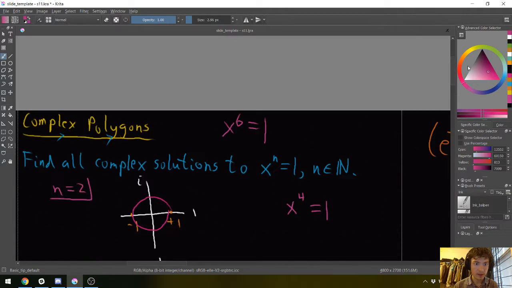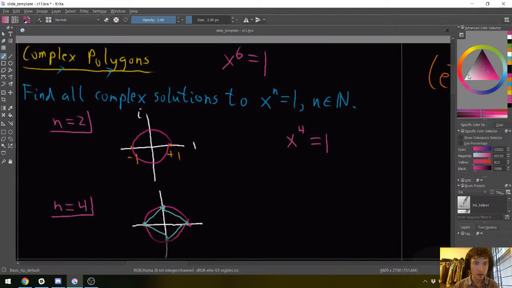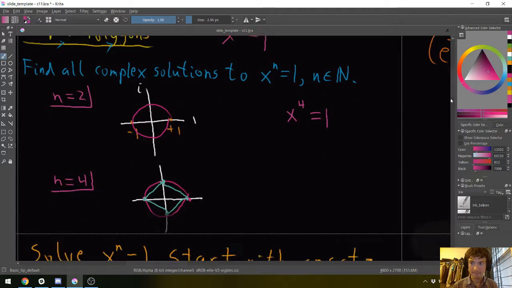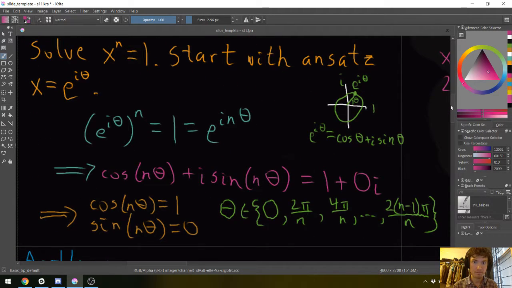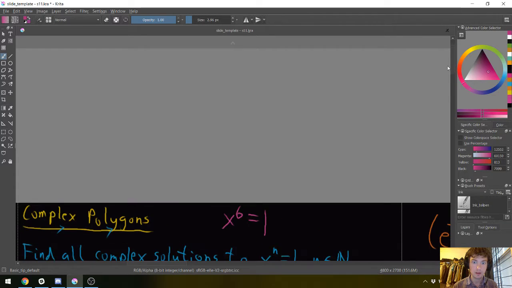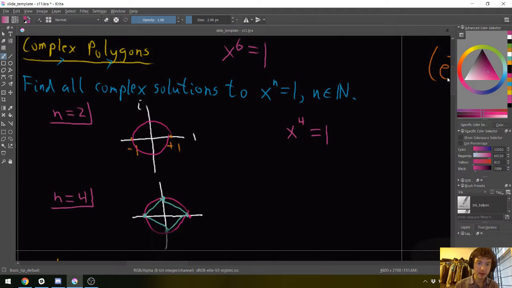Were you asking if we solved the original question, x to the n equals 1? Yeah, I should write the answer a little more clearly. It suggested showing off the hexagon that forms when you do x to the 6th equals 1. Maybe I should come back and make that part clearer.